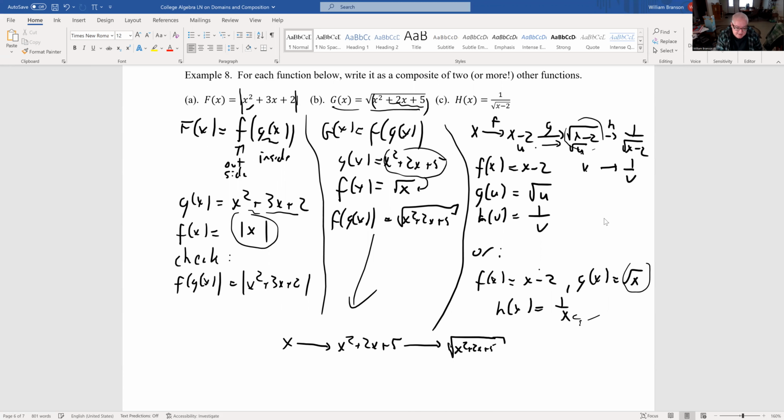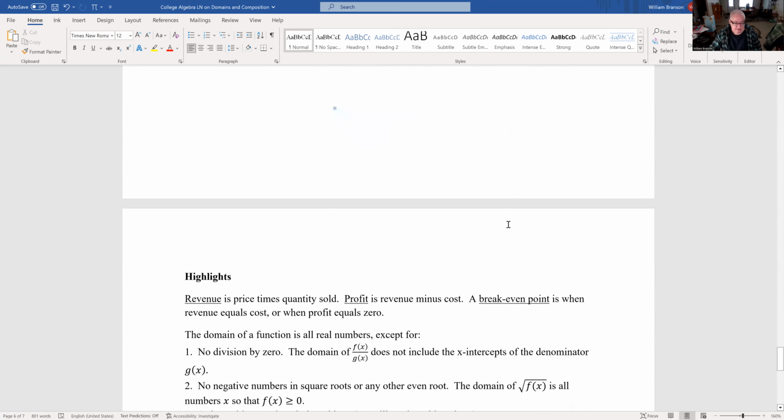If we call this the input for G, we'll call that U. What does G do to this input? Well, it just takes the square root of it. So f takes x to this, g takes u to square root of u. And that's one way to look at decomposing functions in terms of other functions.